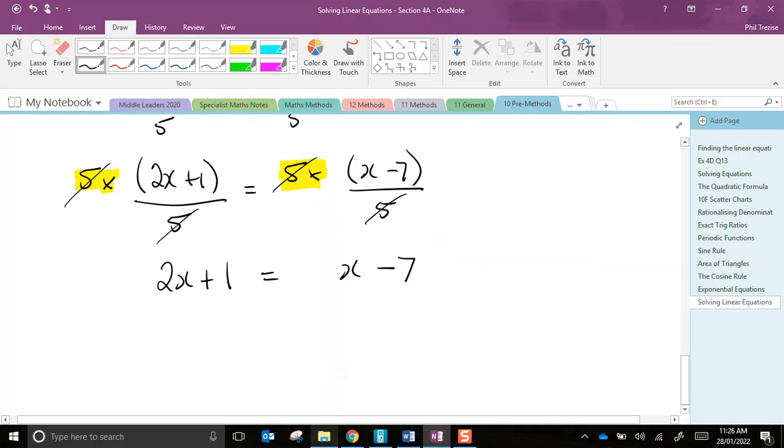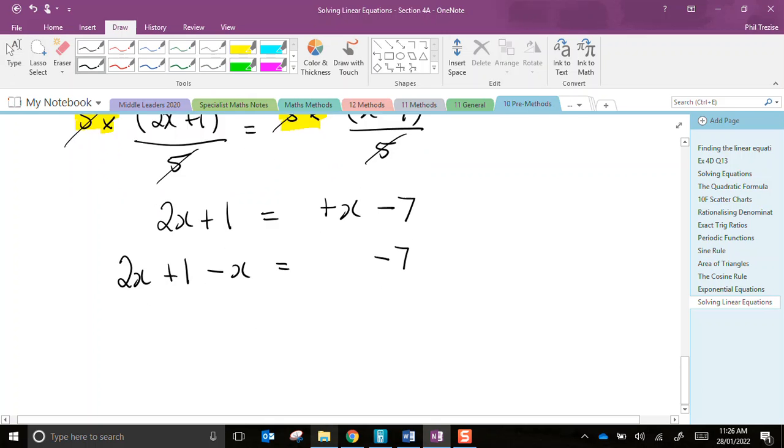Now we have to deal with the situation where we have pronumeral x on both sides of the equation. Without being written, it's implied that this is a positive x. So the opposite of add x is subtract x. So the left-hand side is 2x plus 1 subtract x equals negative 7.